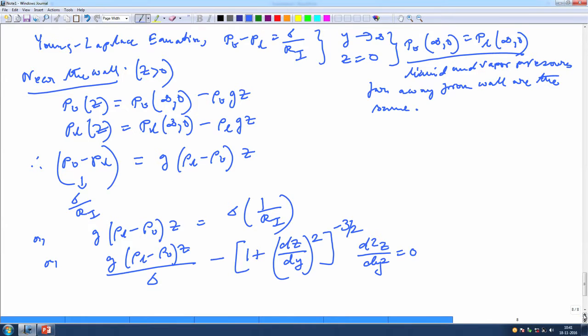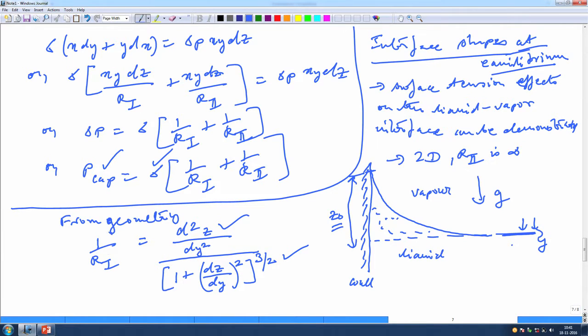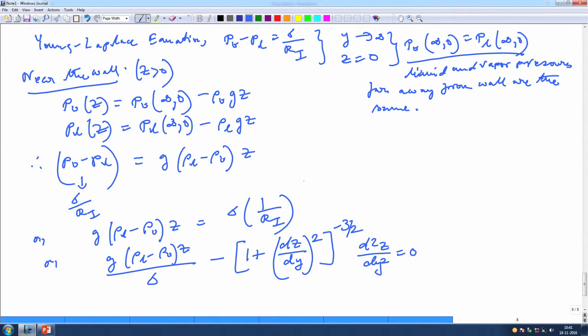Got it? If you do not understand, just look at it. What we have done is that we have taken this expression, which is already there, and applied it here. This is a straightforward application of the same, and we have brought things to the same side.